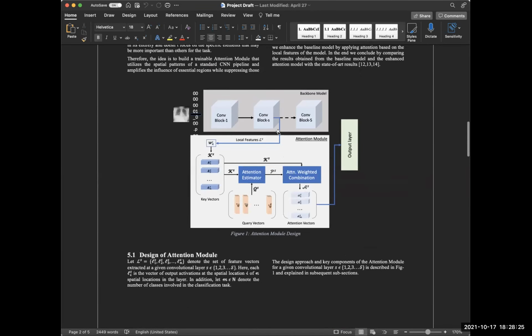So let's say this is a volume. Let's say the volume is 3 cross 3 cross 4. That's the volume, right?